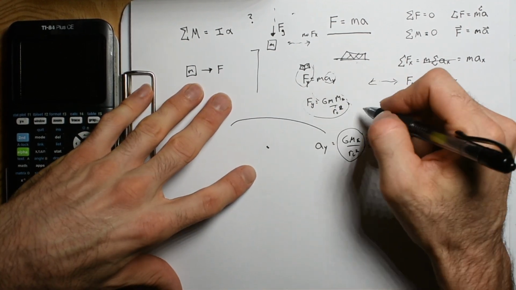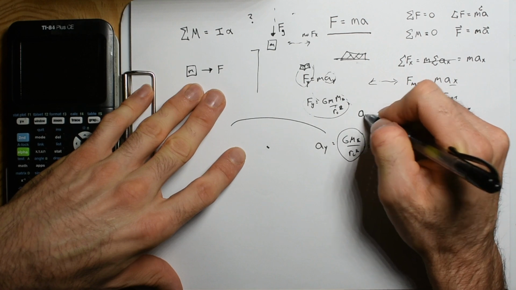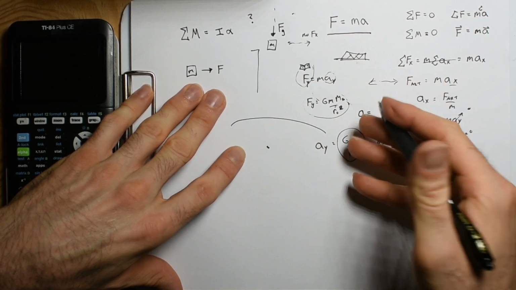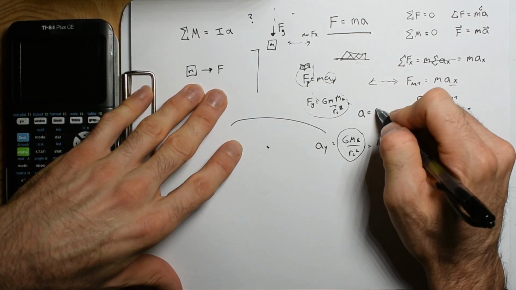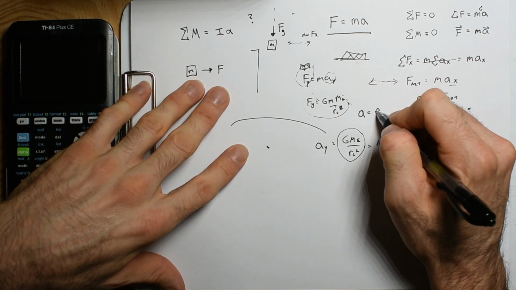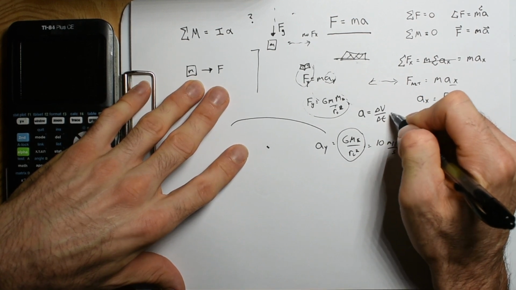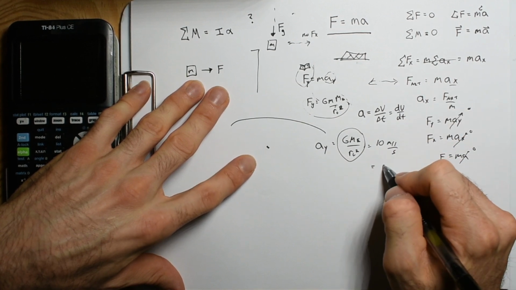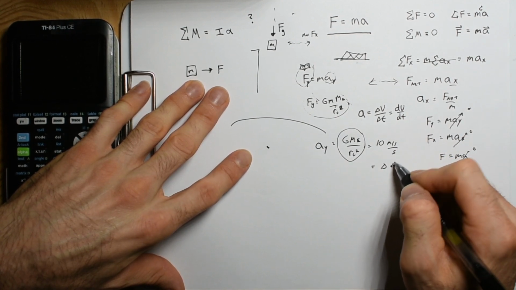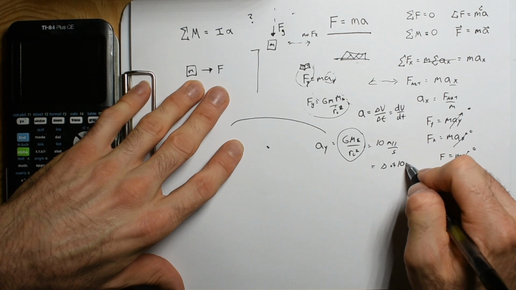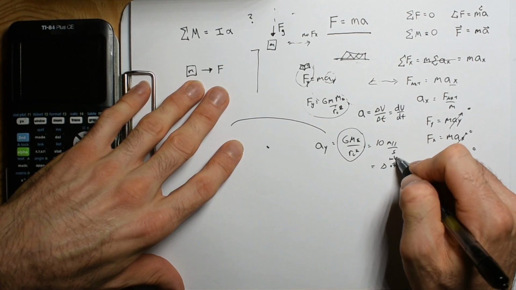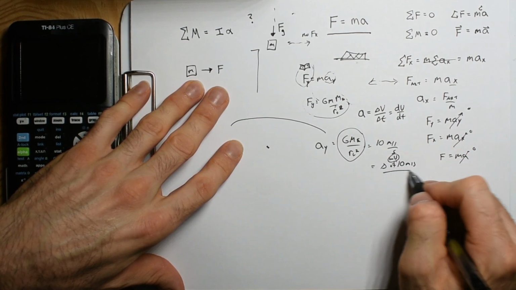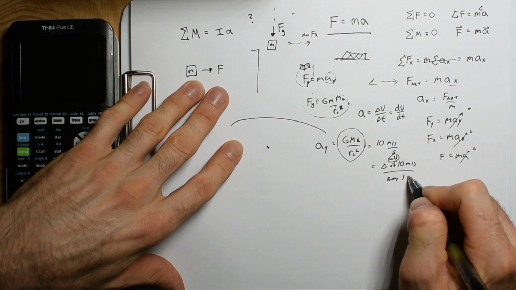And anytime that you're using acceleration, please just figure out the definition of what acceleration is. Acceleration is change in velocity over change in time, dv dt. But written like this, it's going to be a change in velocity of 10 meters per second every 1 second.